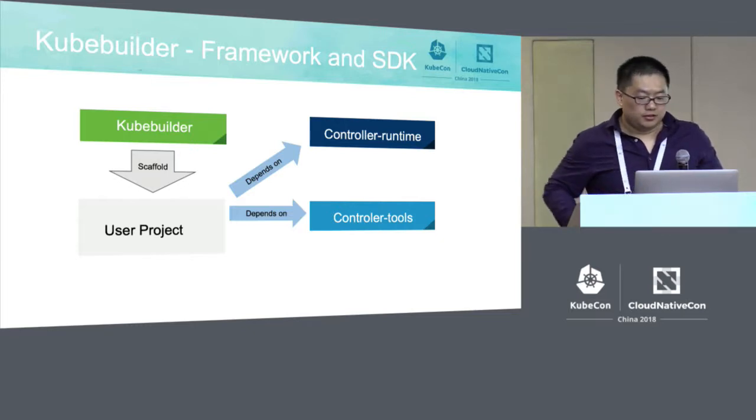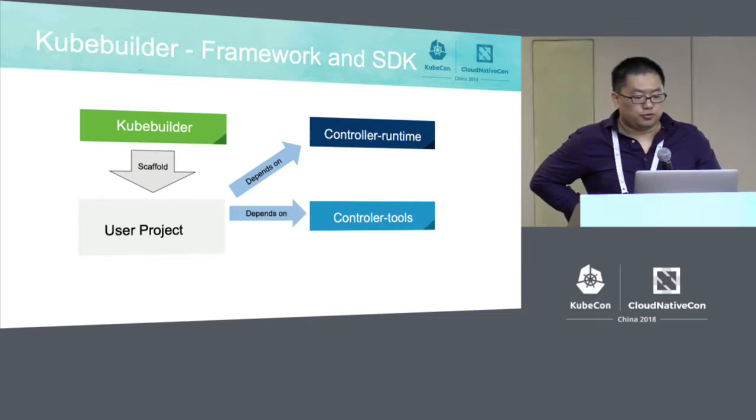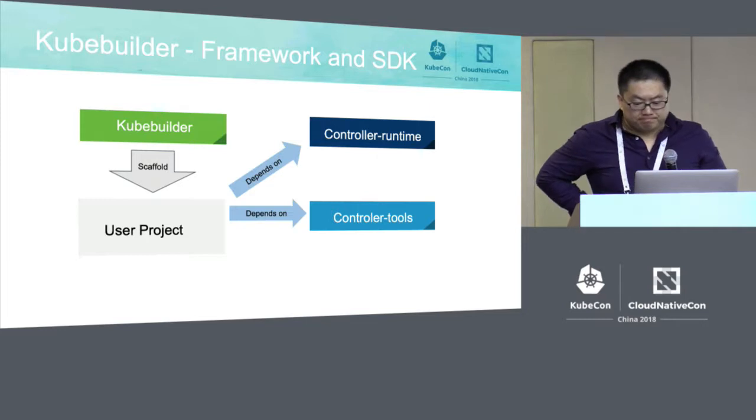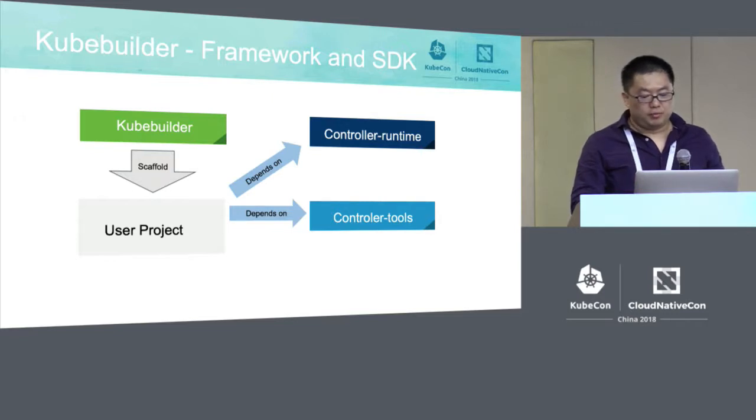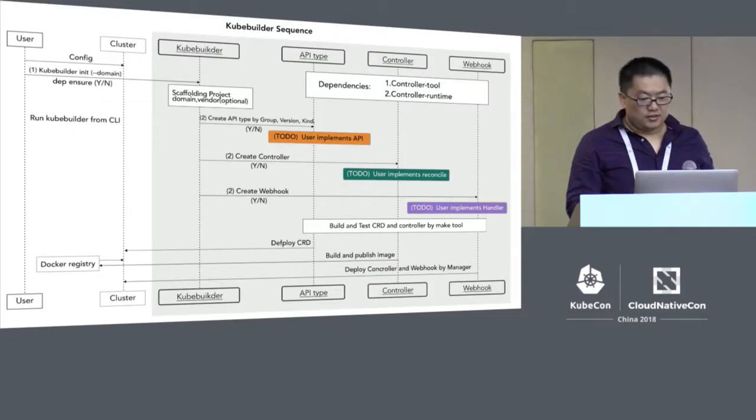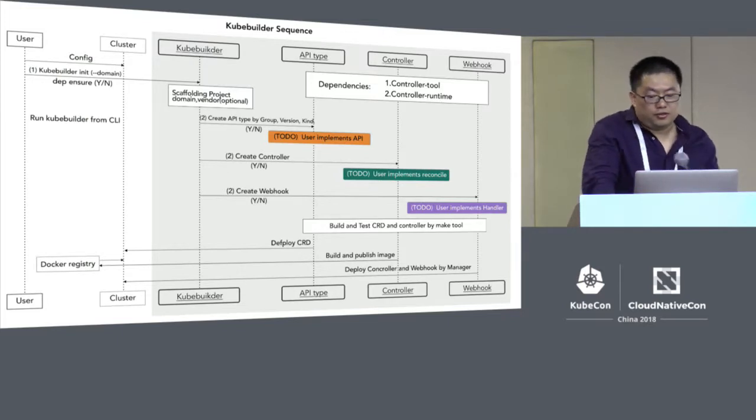The scaffolded project has dependencies on the controller tools and the controller runtime. Basically, all the functionalities are defined in the two components. You can implement your business logic in the scaffolded project, leveraging the library of the controller runtime. So this diagram shows the end-to-end sequence of running Kubebuilder from the command line.